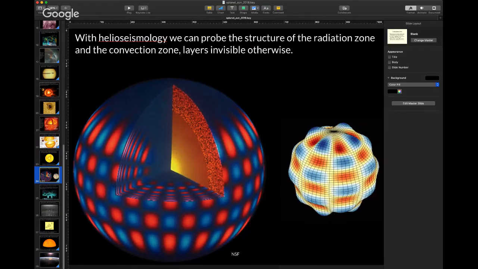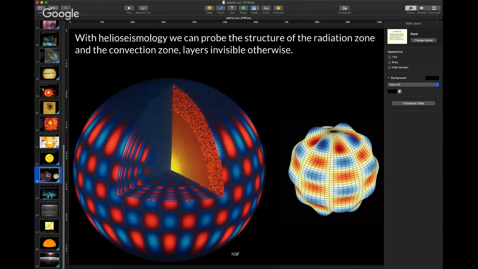And so in the sun, you set up standing waves, cavities, and there are going to be parts that are resonant at the top part. These are the red regions on the left, and then there are parts that are going to be low. These are the blue regions on the left.